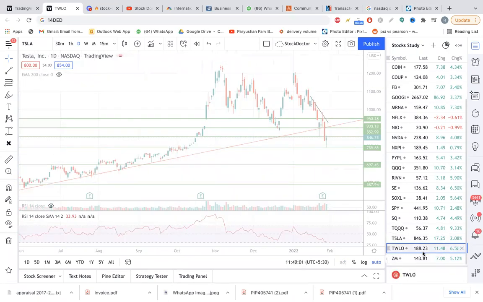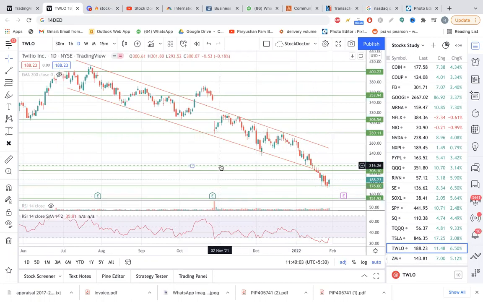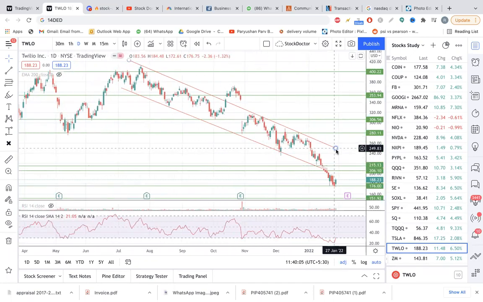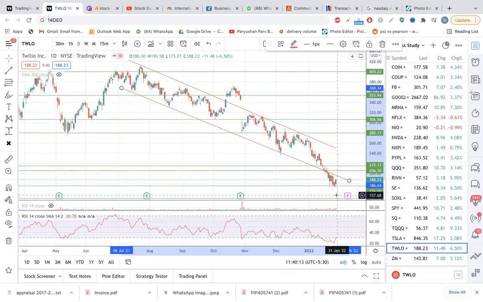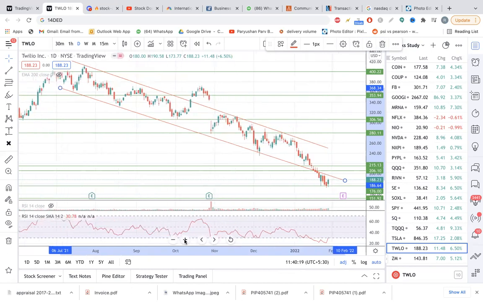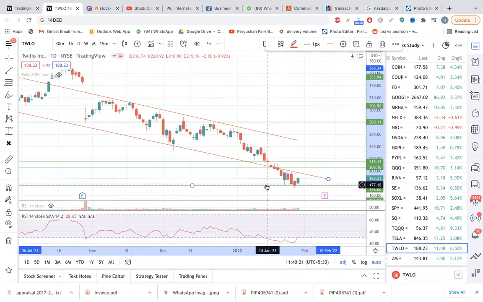The next stock we have is Twilio. See, Twilio was trading in this channel, right? And it has broken the lower part of the channel. If you can see here, TWLO can be held with a stop loss of 170 on a closing basis.